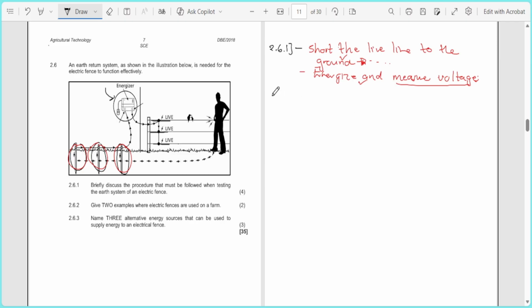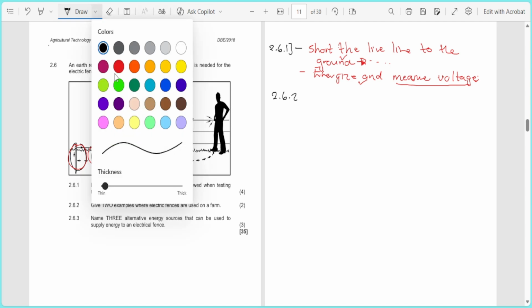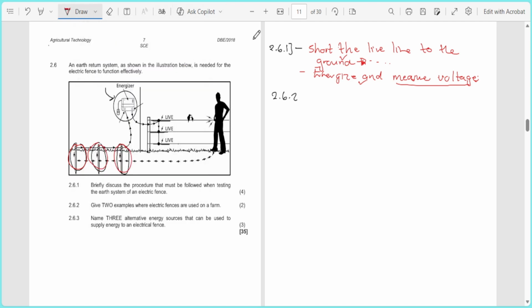Okay, now for 2.6.2, give two examples where electric fences are used on a farm. I think that should be obvious.